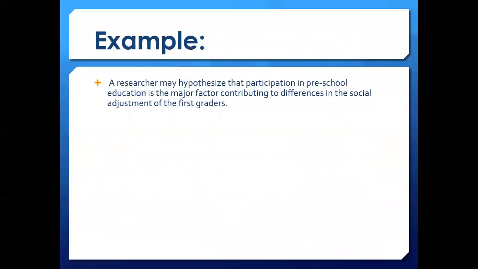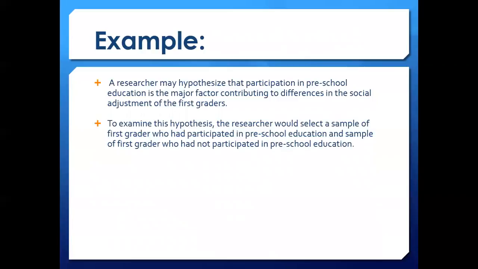So, the researcher says that participating in preschool contributes to the social adjustment of first graders. How are they going to go about proving this? To examine this hypothesis, the researcher would select a sample of first graders who had participated in preschool education and a sample of first graders who had not participated in preschool education.